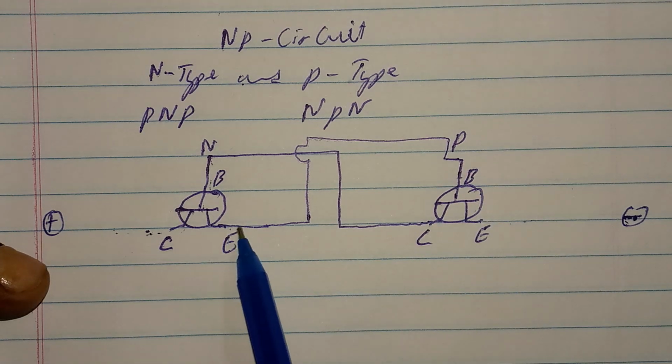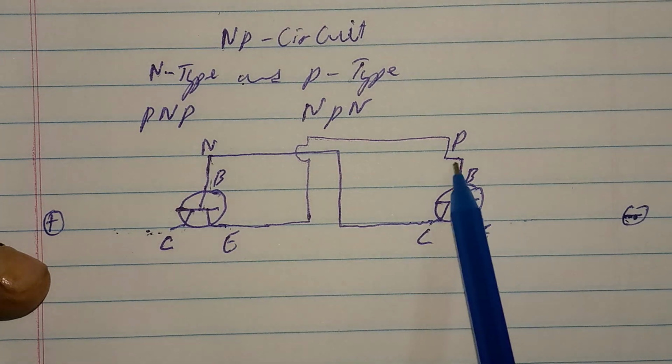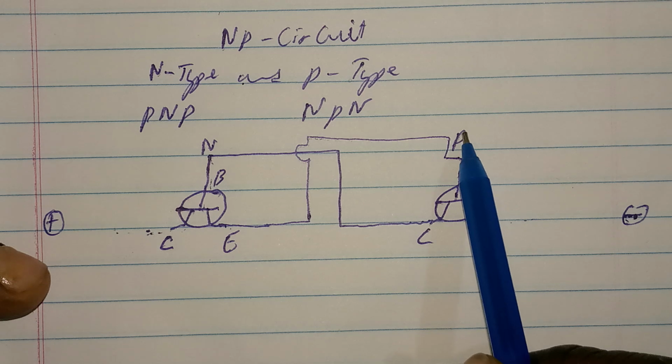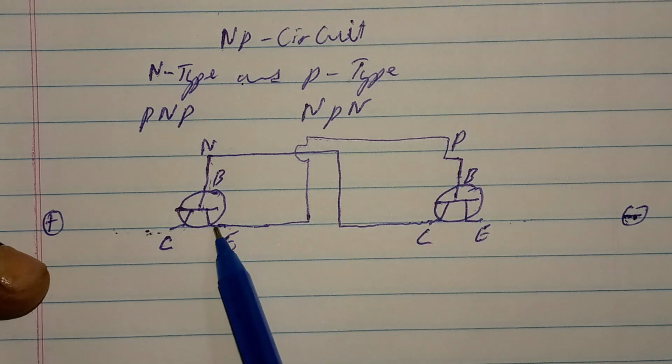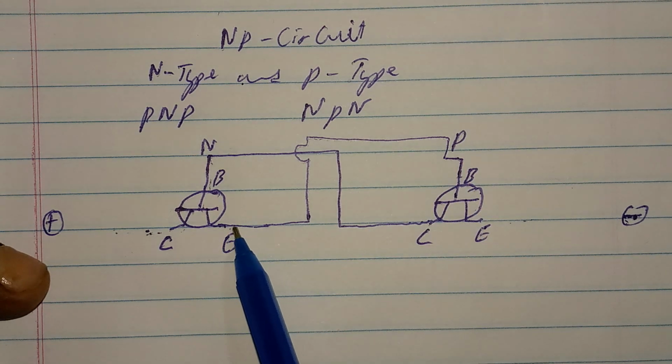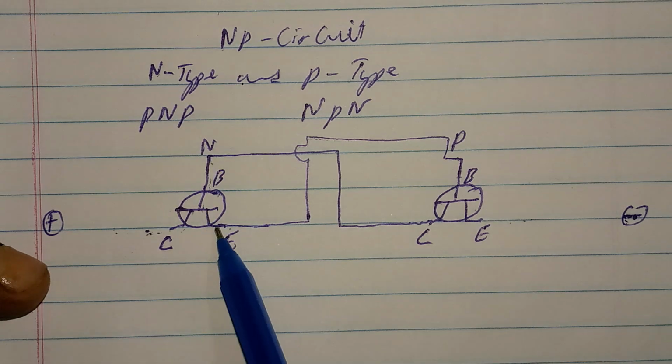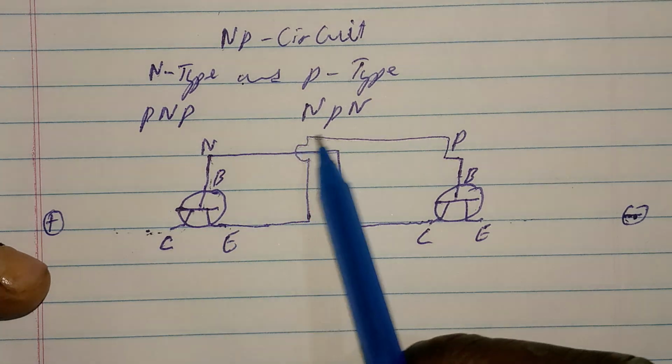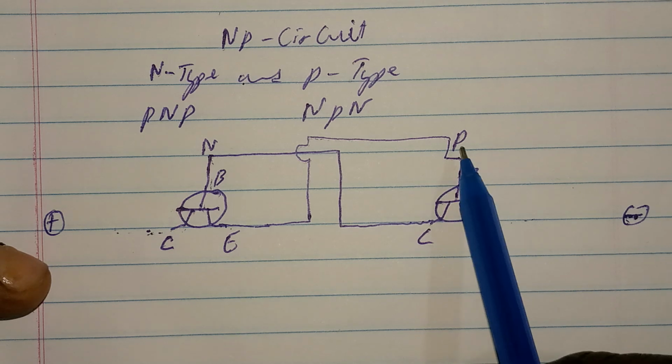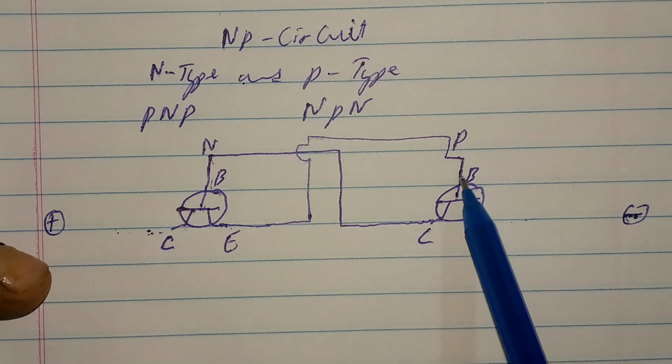But since you have now connected this base voltage of the P-type transistor, the voltage is going to move from the collector of this N-type transistor moving into this direction and give the P-type transistor a base voltage.